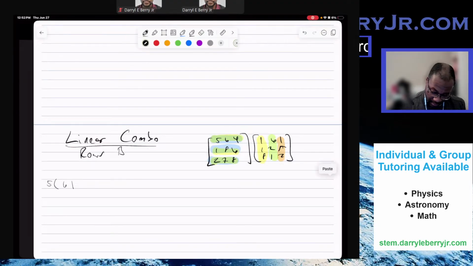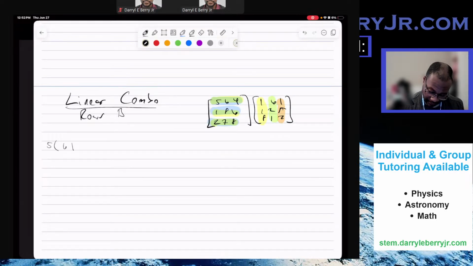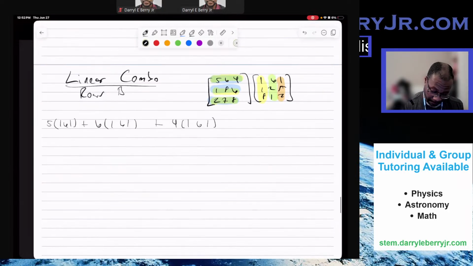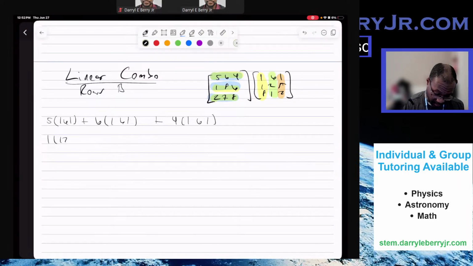All right. So to continue, it'll be 5, 1, 6, 1 plus 6, 1, 6, 1 plus 4, 1, 6, 1. So that must be the first row. Then we have 1, 1, 2, 5 plus 8, 1, 2, 5 plus 6, 1, 2, 5 and 2, 8, 1, 2 plus 7, 8, 1, 2 plus 8, 8, 1, 2.